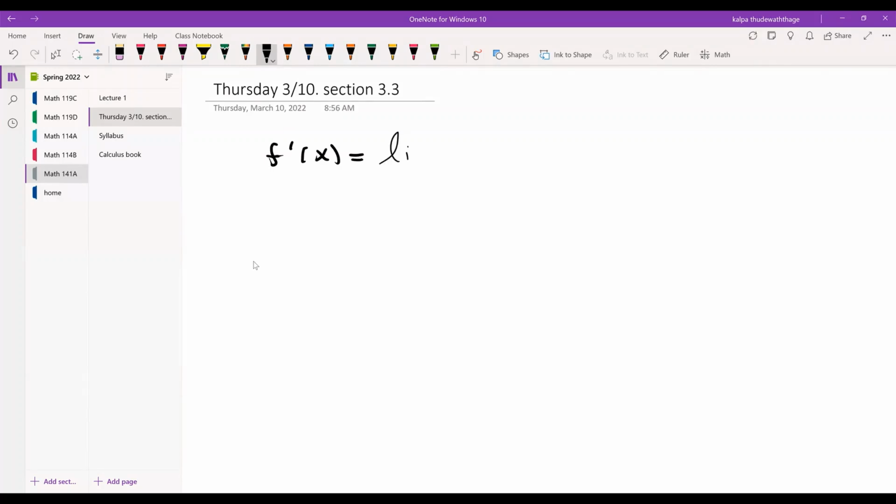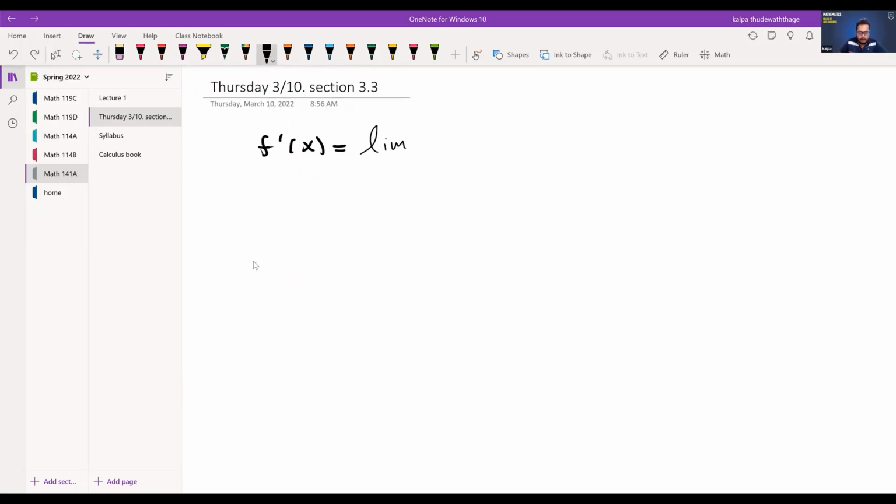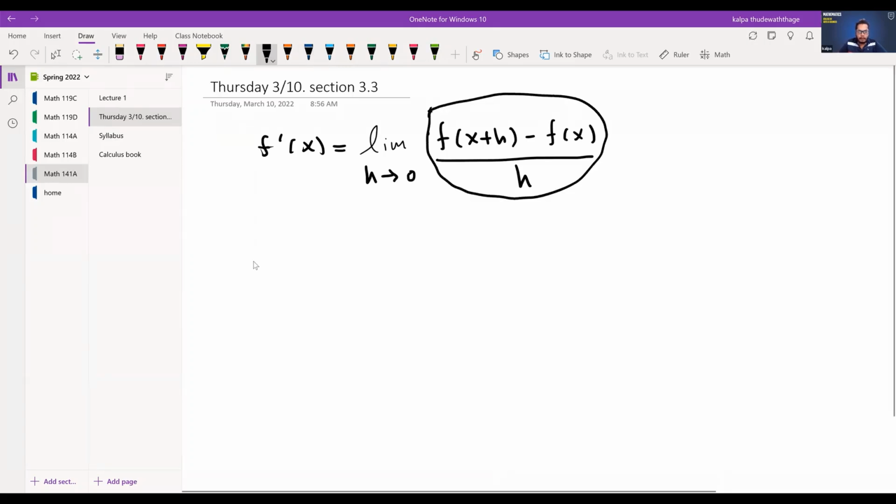You can write it as a limit, when h goes to 0, of f(x plus h) minus f(x) over h. This part is just the difference quotient. If you take the limit of the difference quotient, you will get the derivative.